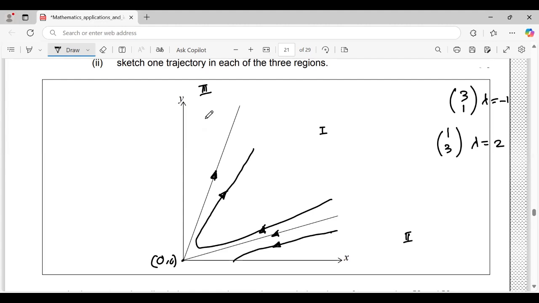How about the third region? This region is closer to the unstable eigenvector, where the trajectory moves away from the origin. So it becomes like this.